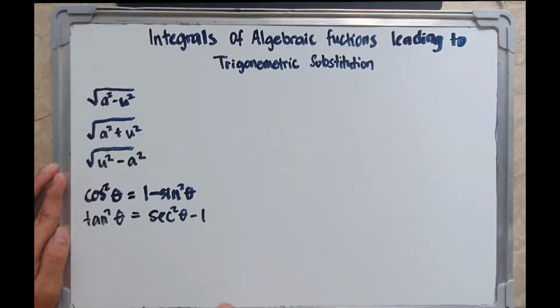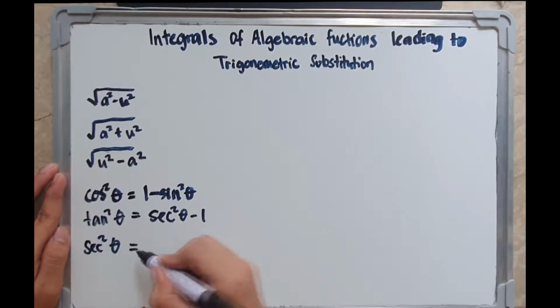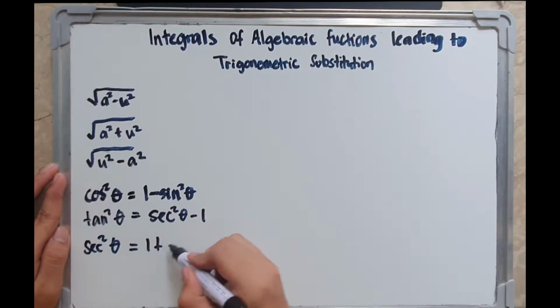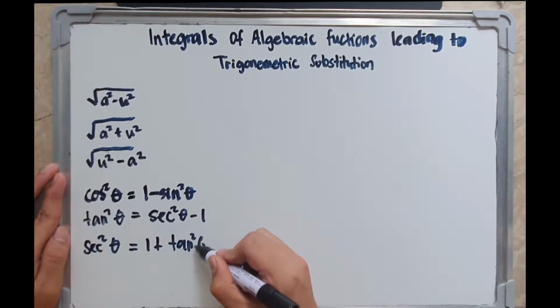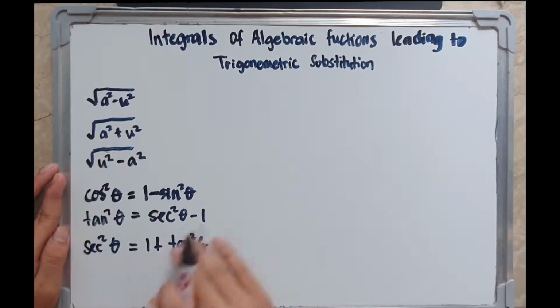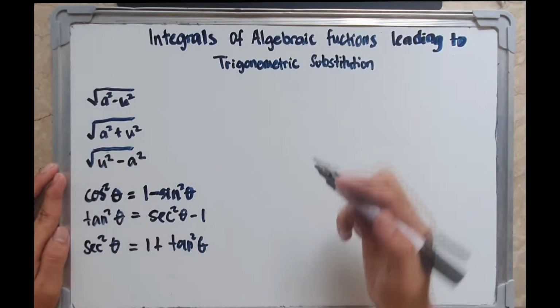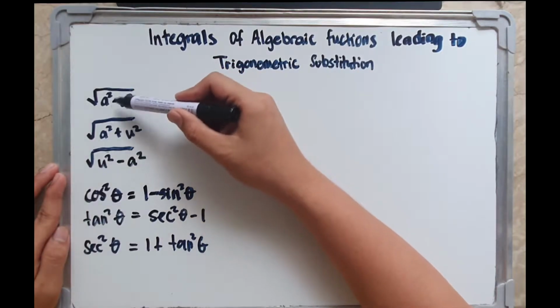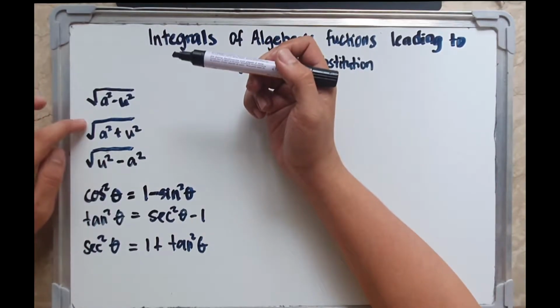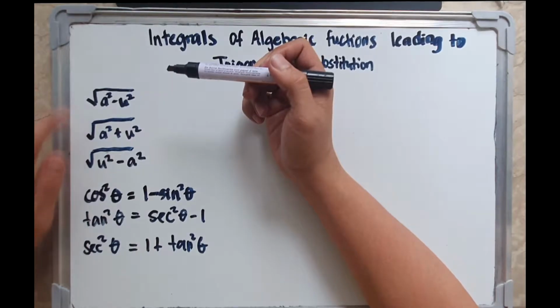And last, we have the secant squared. Secant squared theta, that is equivalent to 1 plus tangent squared theta. So we will be using these trigonometric formulas.